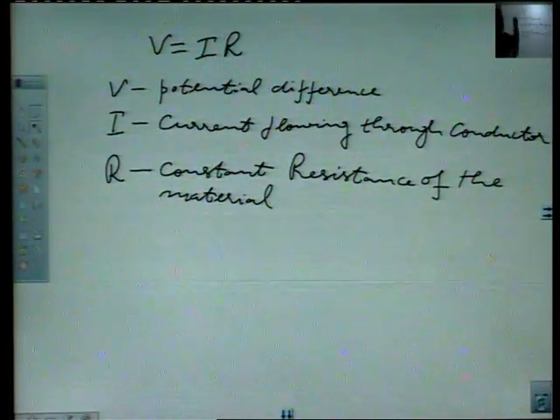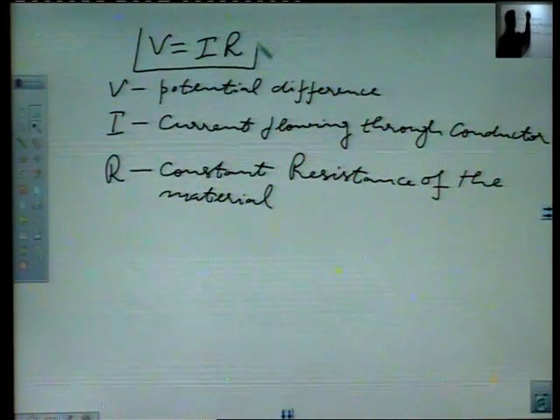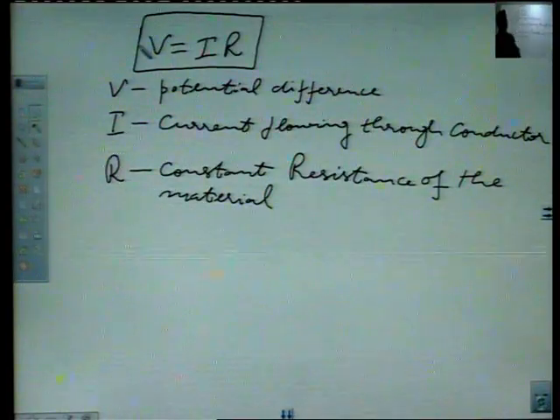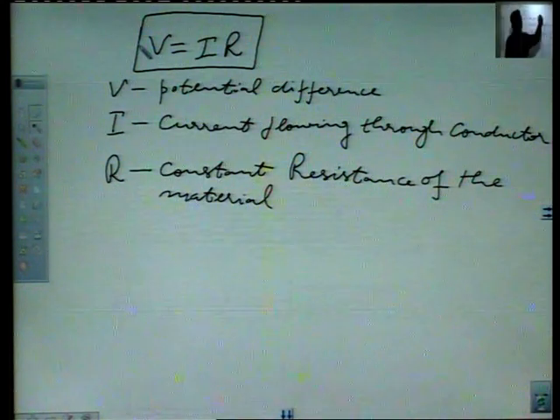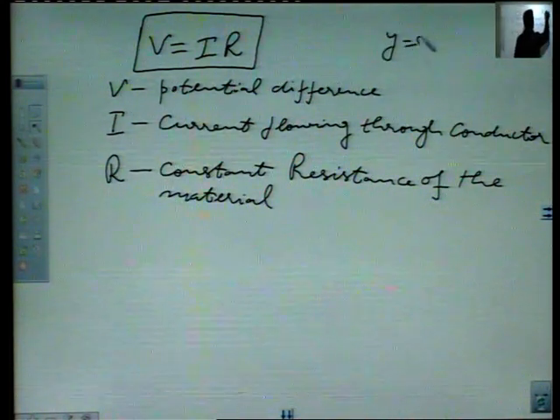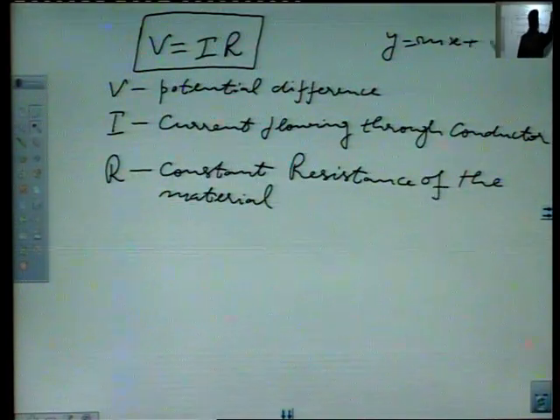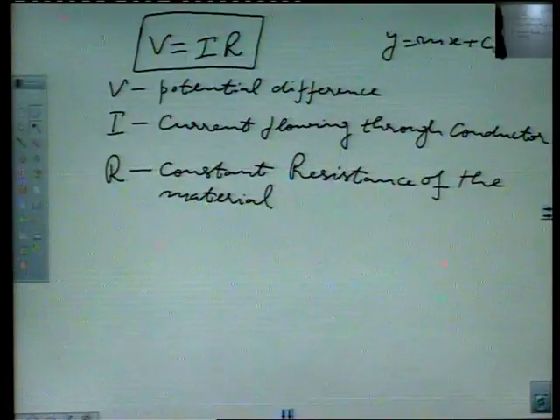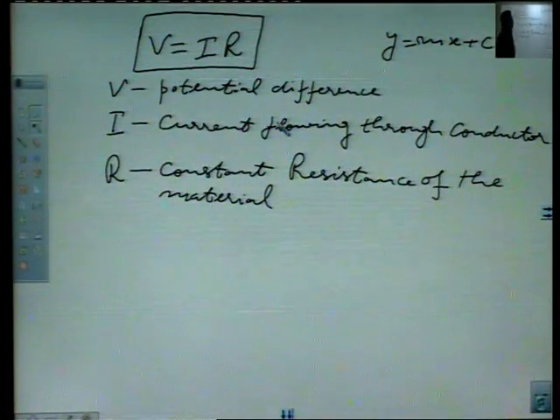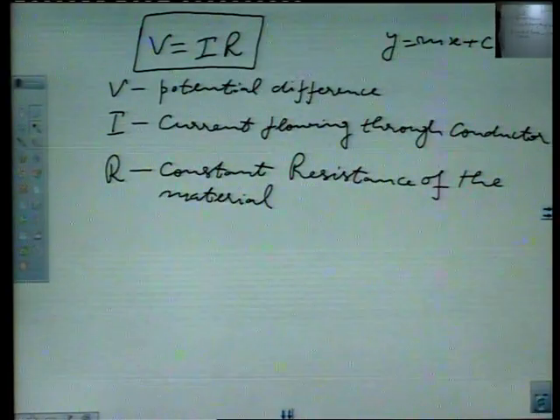So, from this equation you can see that this appears to be an equation of a straight line. Compare this equation with y is equal to mx plus c. So, this is an equation of a straight line, and we can verify this Ohm's law in the laboratory.